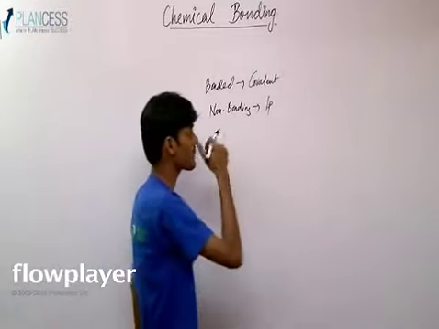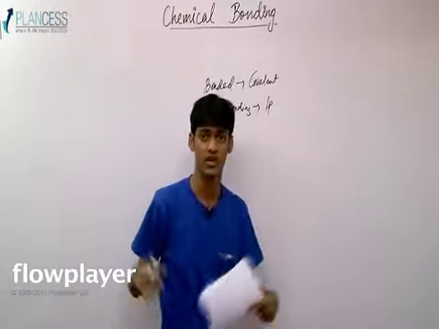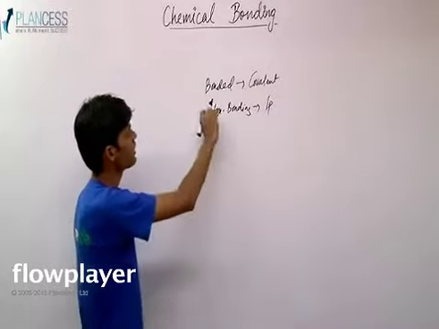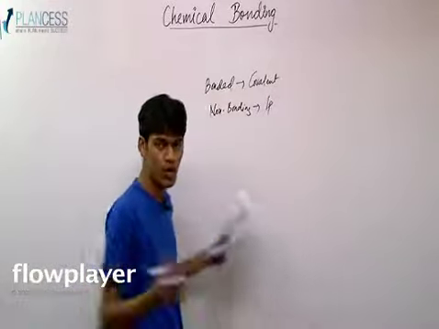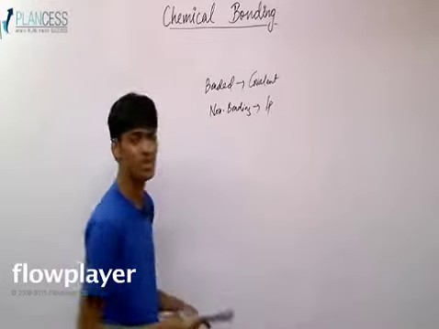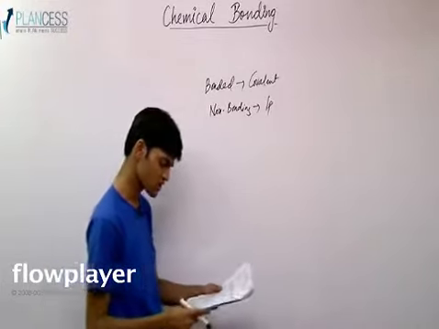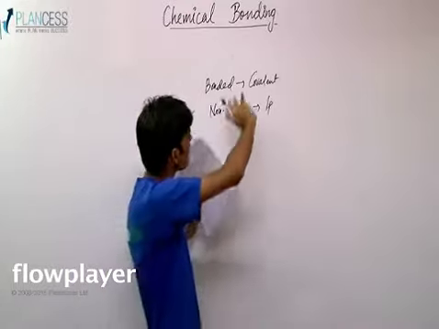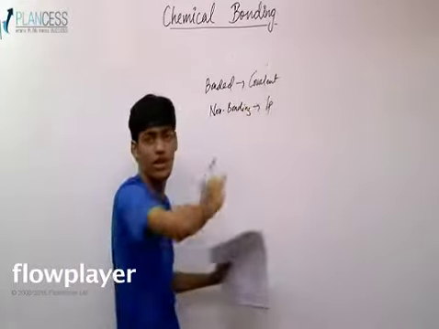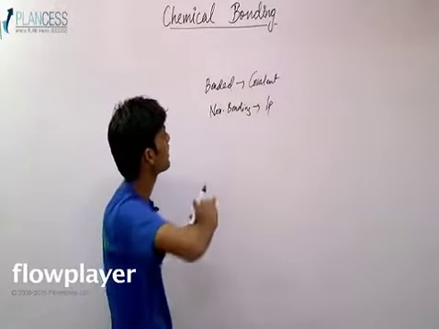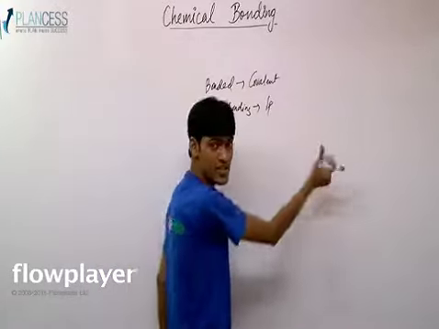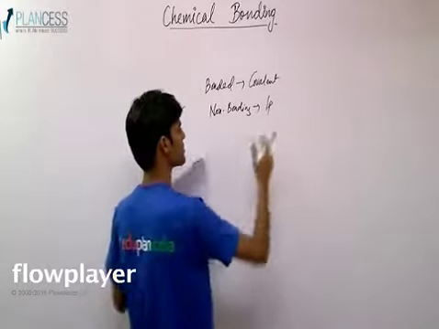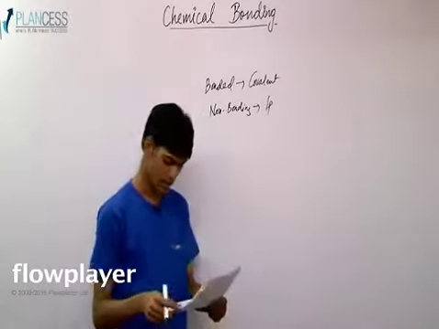The earlier Lewis dot structure was not able to predict the shape of the molecules. This was the first postulate, that bonding and non-bonding electrons together contribute to the shape of the molecule. The second is that these bonding and non-bonding electrons align in such a way as to minimize repulsion and to maximize the distance between the electron pairs. They align themselves in such a way, and the geometry is determined by that.